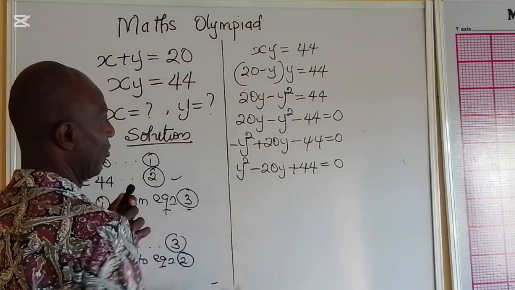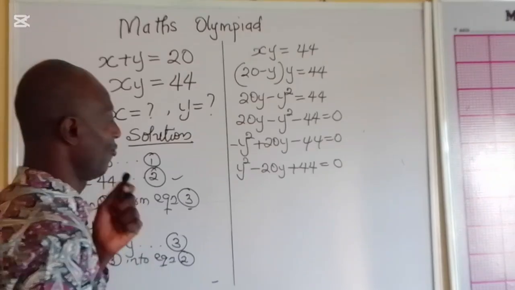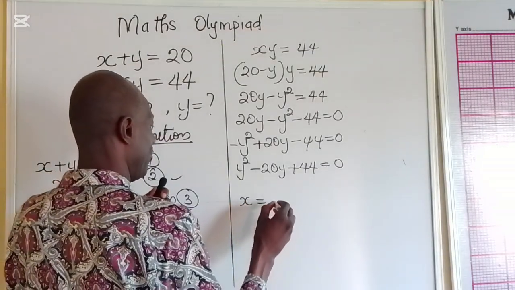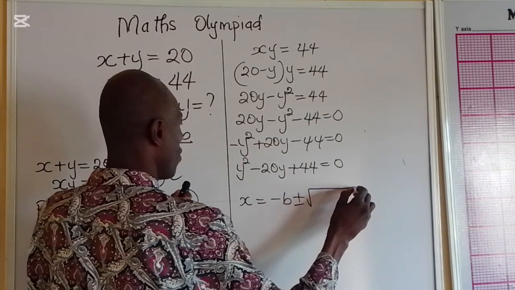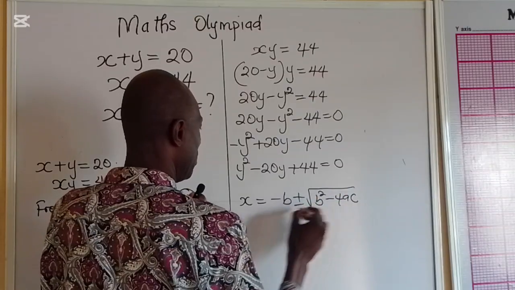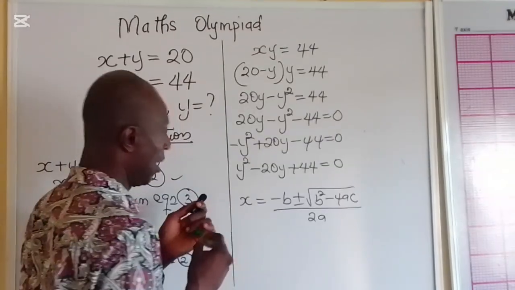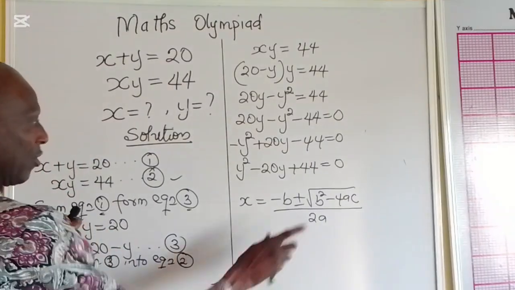You can use the factorization method, but for now, let me use the formula method. We say that x is equal to minus b plus or minus the square root of b squared minus 4ac, over 2a.